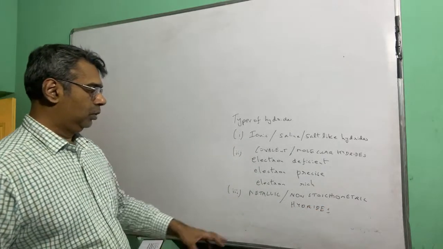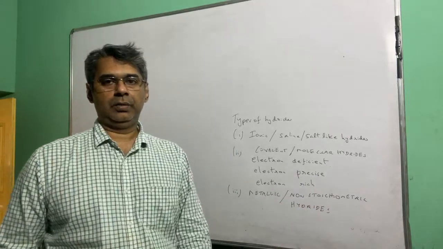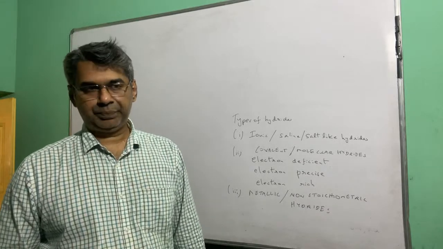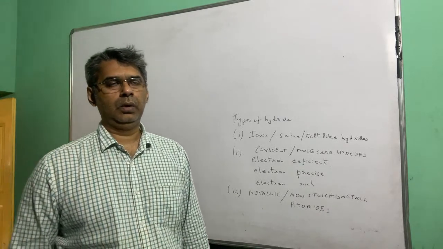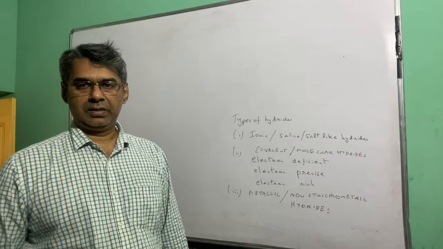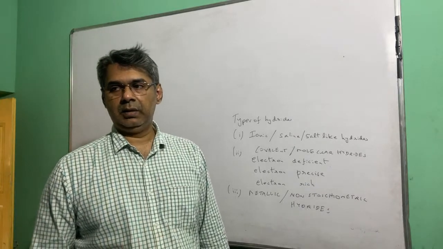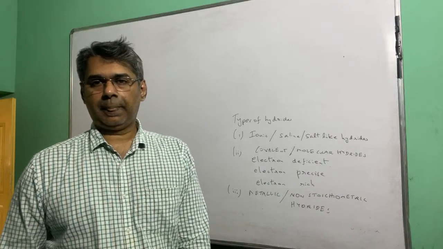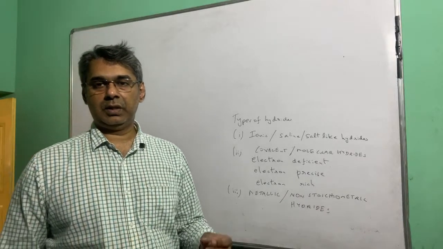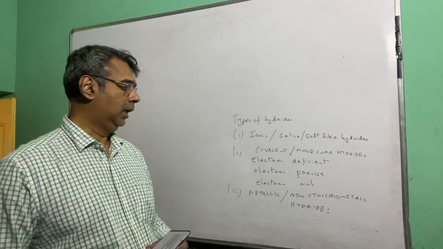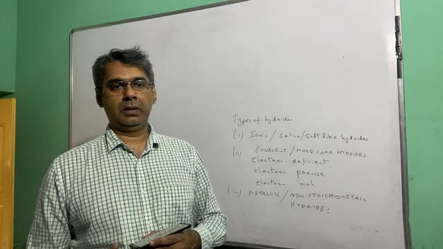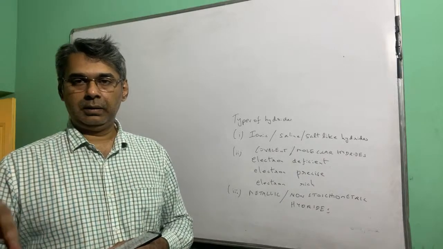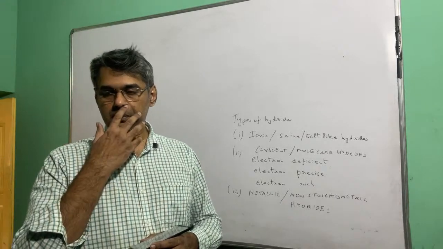Okay, then we come to metallic or non-stoichiometric hydrides. This is applicable to transition elements, because the surface of the transition elements has a lot of active sites, and in those active sites there is a possibility that the hydrogen atom may get involved.